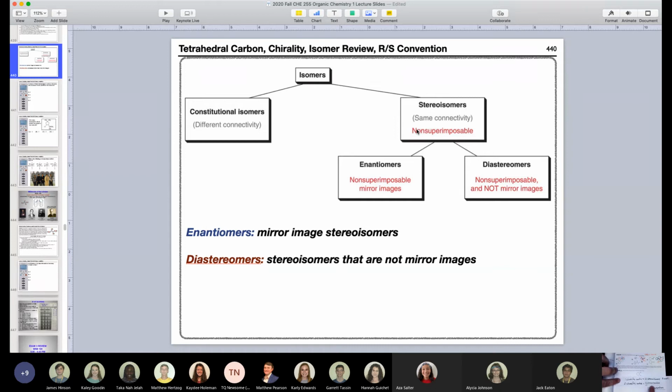So we're just talking in general. It doesn't have to be for this specific compound yet. What are the 4 possibilities that we can have?